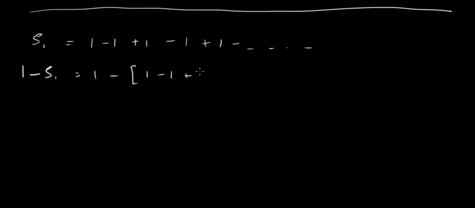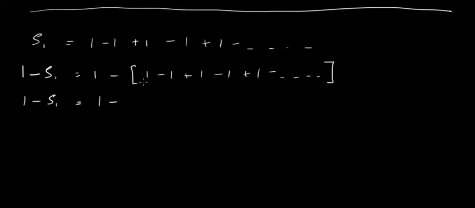So let's just write it out again first of all. We've called this one S1, and it is 1 minus 1 plus 1 minus 1 plus 1 minus and so on. What we can do first is just subtract S1 from 1. So we're just going to do 1 minus S1 on the left hand side. So we're going to do 1 minus the right hand side as well, and so on. Okay, so 1 minus S1 on the left hand side.